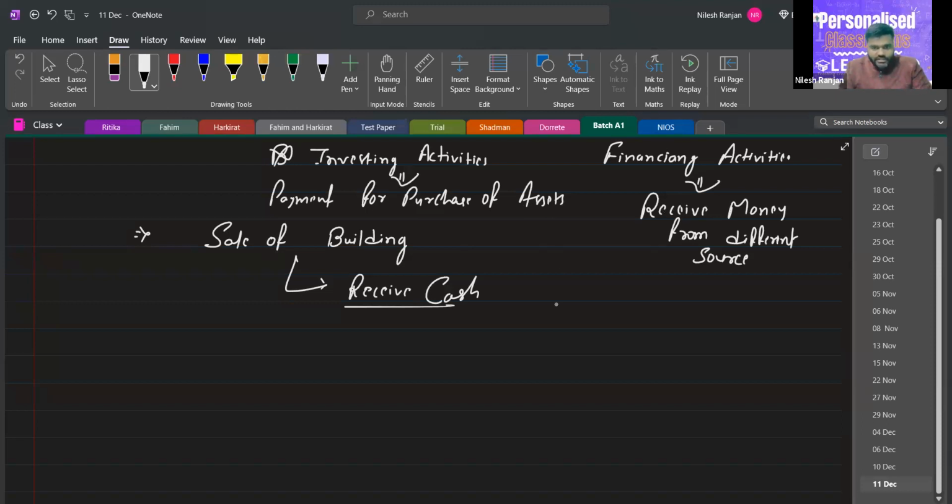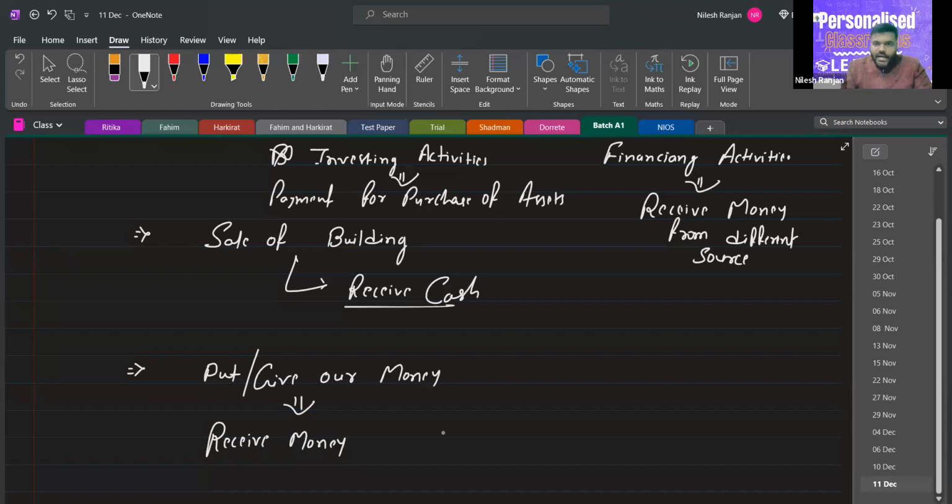The difference between investing activities and financing activities is that in investing activities, we have to put or give our money first, and after that we will receive money. So first we have to give, then we will receive money.